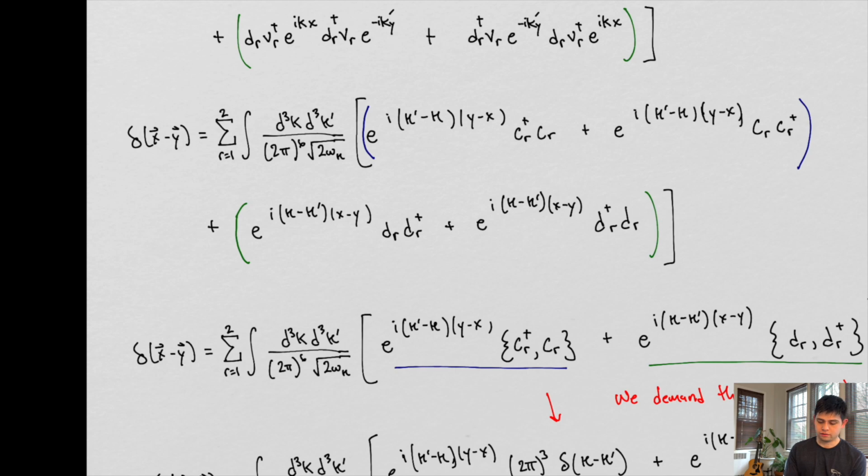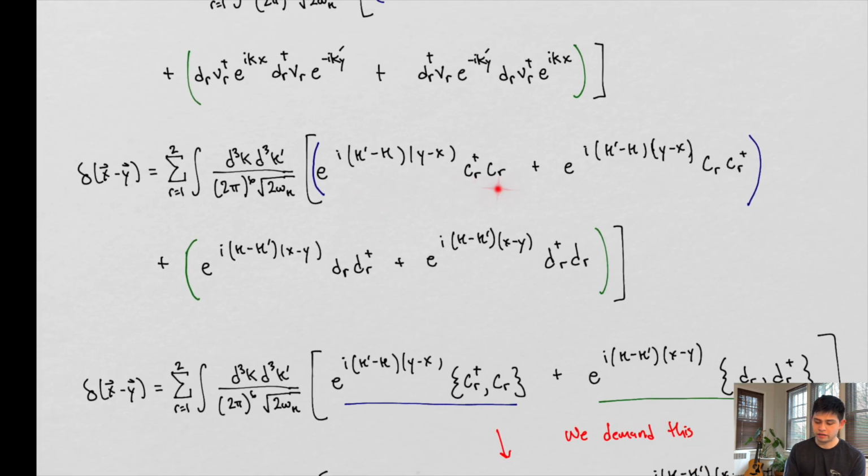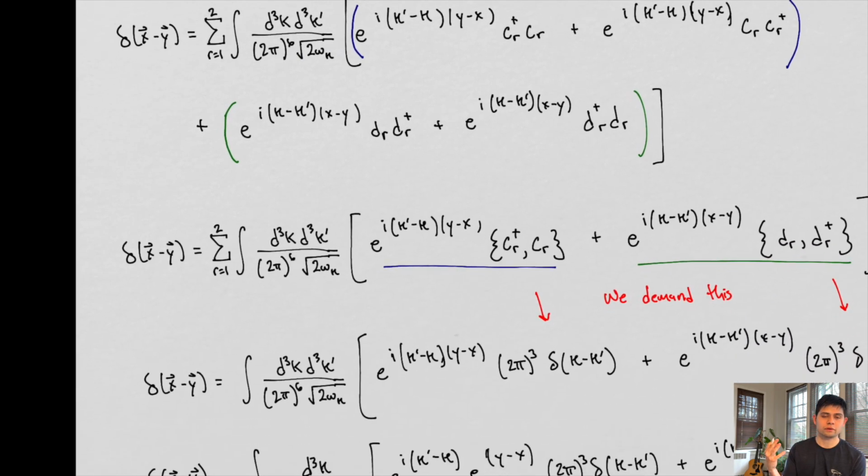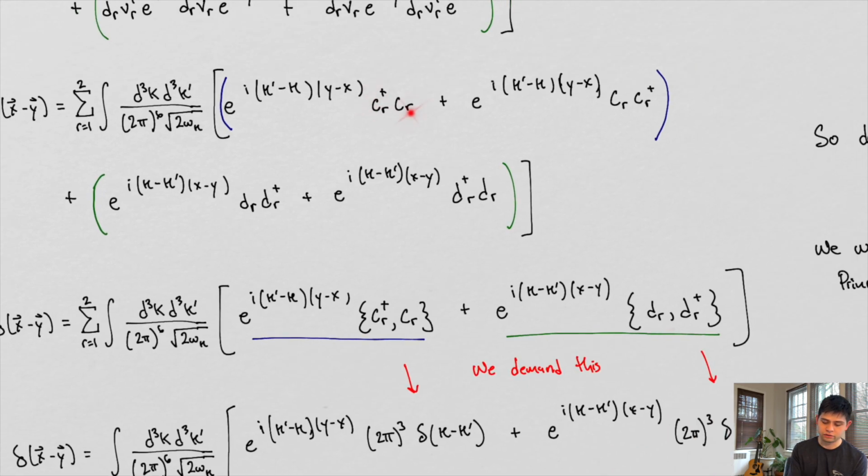And so, okay, we're at this point now, here and here. So right here and here. And then what we want to do is this is where the magic is coming in, right? Because we realize we have C dagger C, C C dagger, that right there is an anti-commutation relationship.